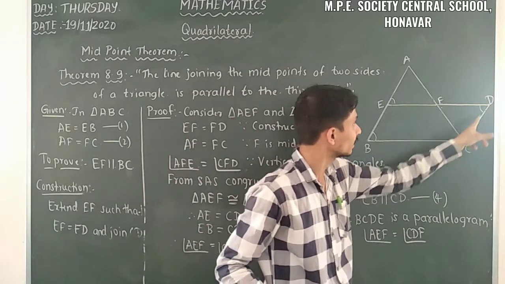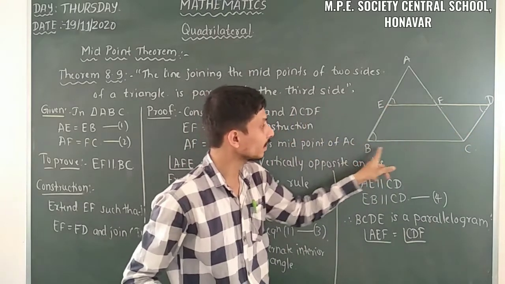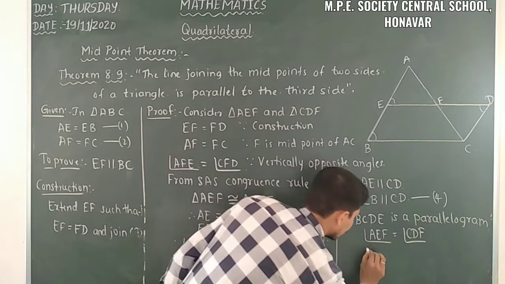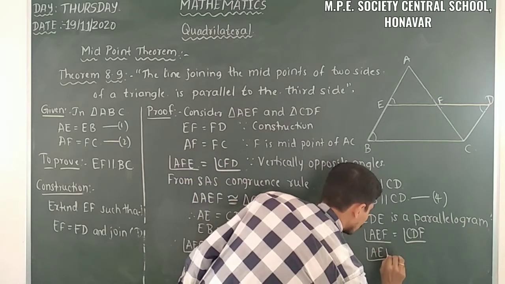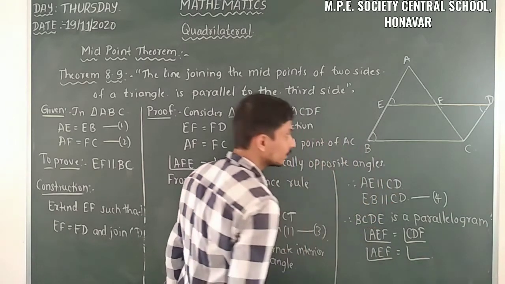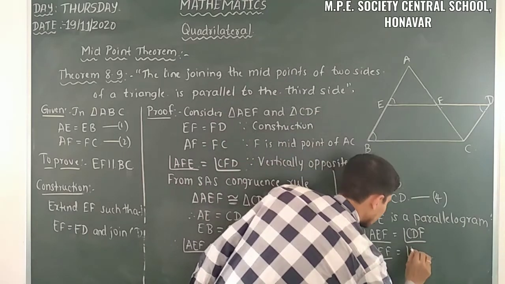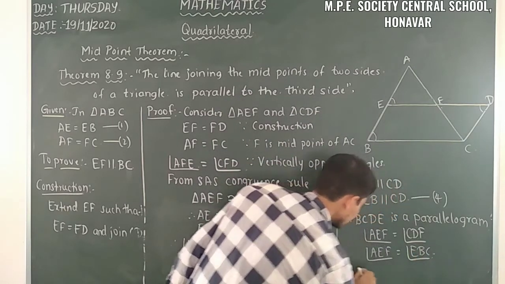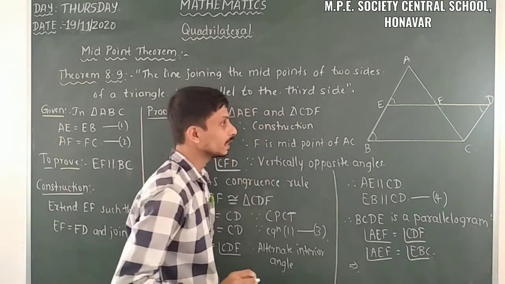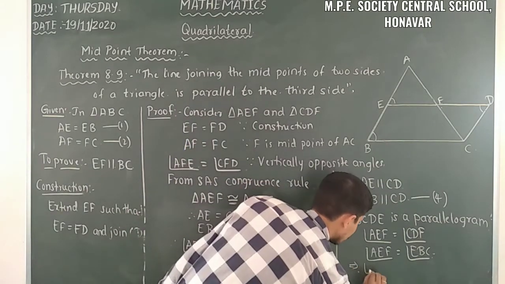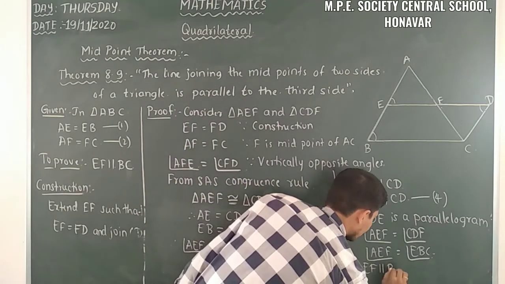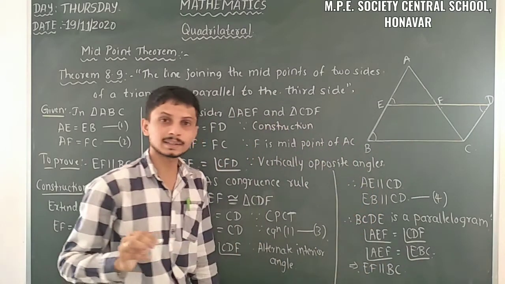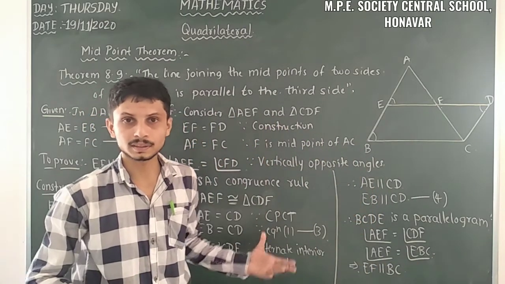So we can take angle CDF is equal to angle EBC. That is angle AEF is equal to angle EBC. This implies EF is parallel to BC. So here is the proof of this theorem.